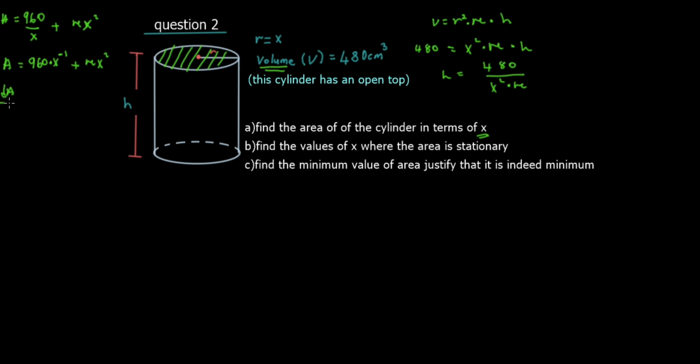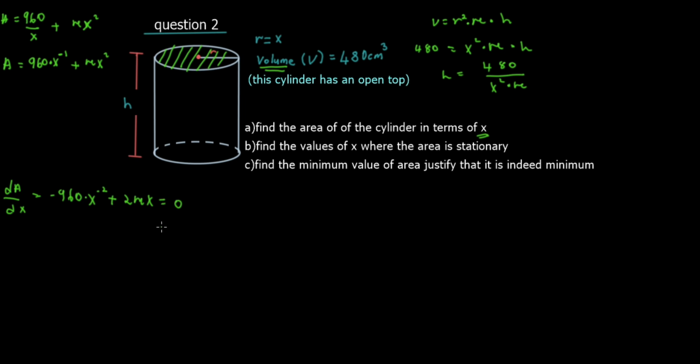Let's find the derivative of the area. So it will be -960 x to the -2 plus 2 pi x. This will be the derivative of the area.